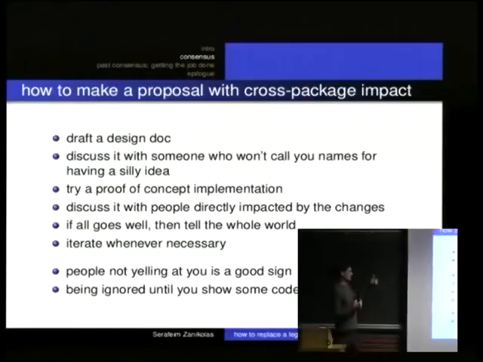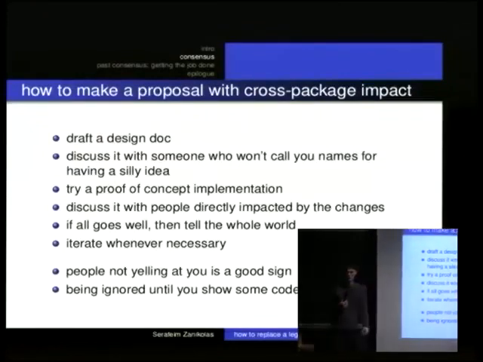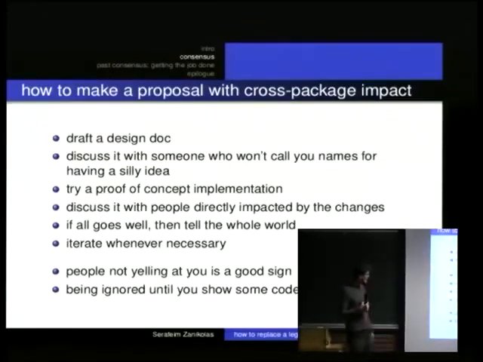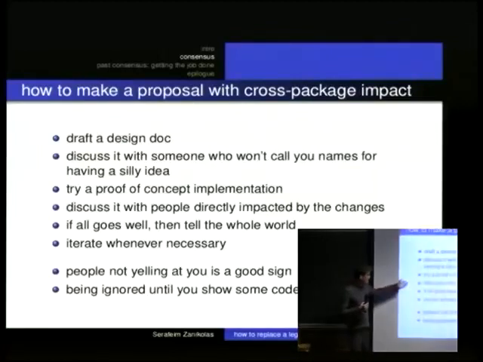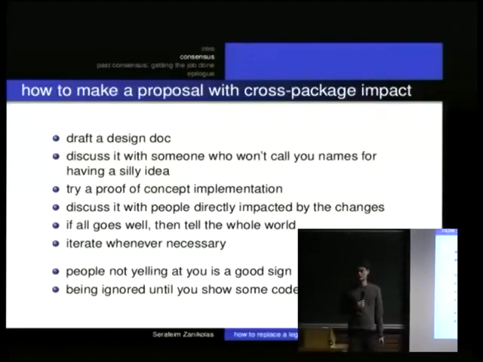And this is an iterative process, so at every step you tune it, you refine it, you adapt it. And so if they're fine with it, then you can actually send it to the largest mailing list and really start the process officially. And as I said, this is very much an iterative process.